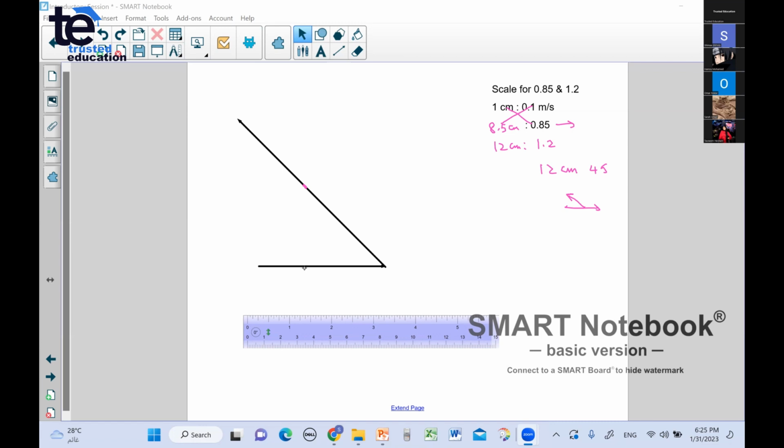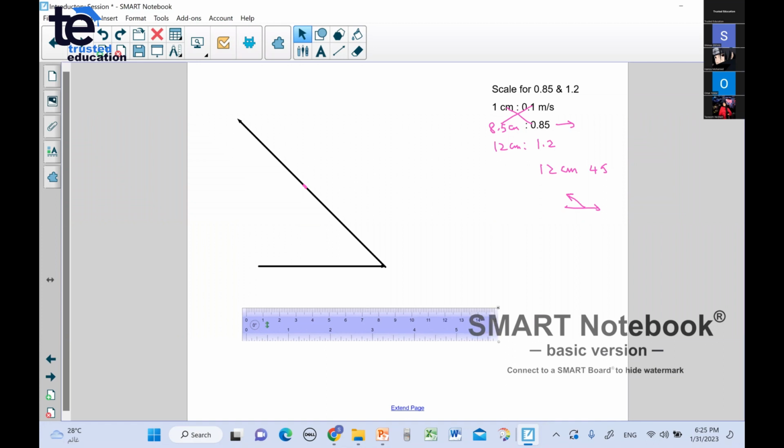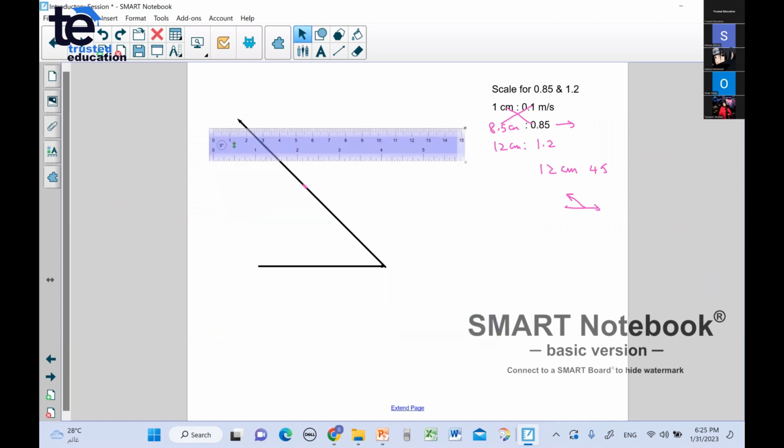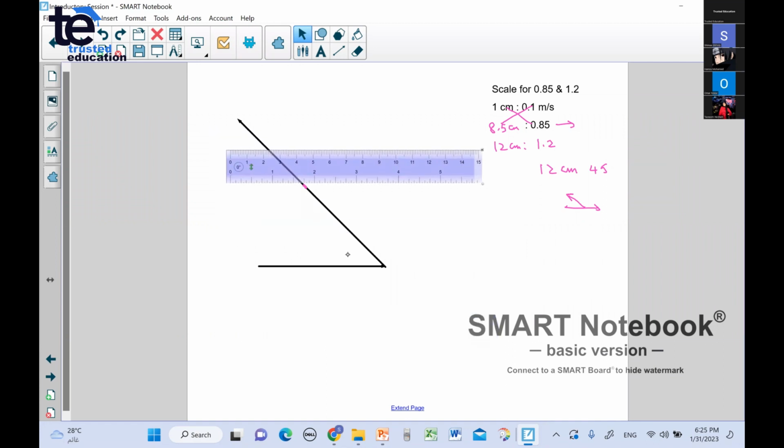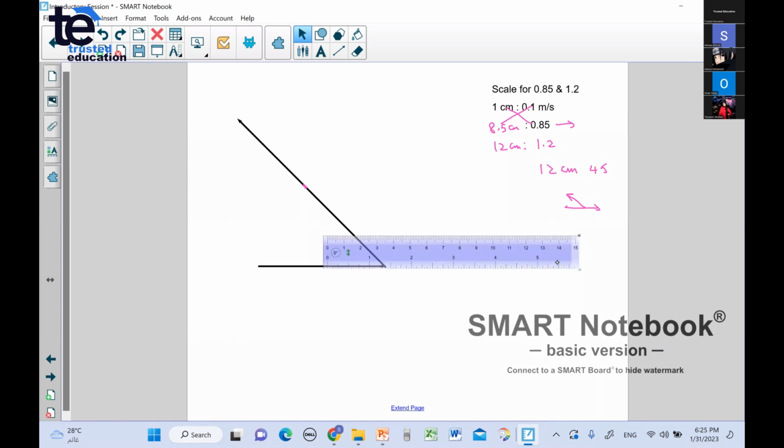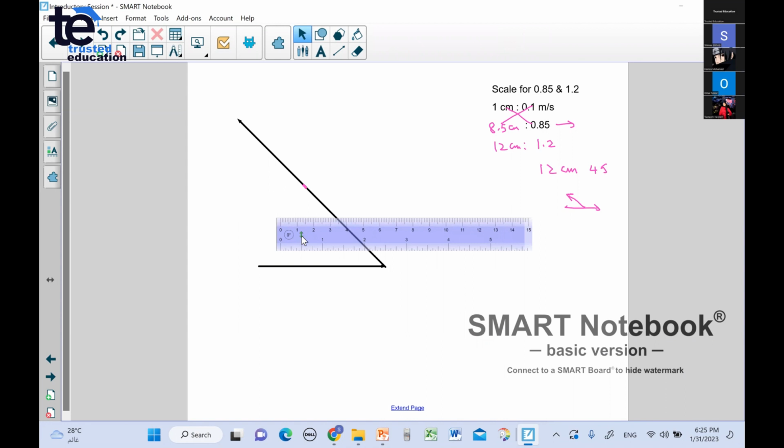I have here shown the angle and I have measured the first vector, but I still need to measure the second vector, 12 centimeters. So what shall I do here? I will bring my ruler and measure 12 centimeters. One minute, I just need to adjust the ruler.